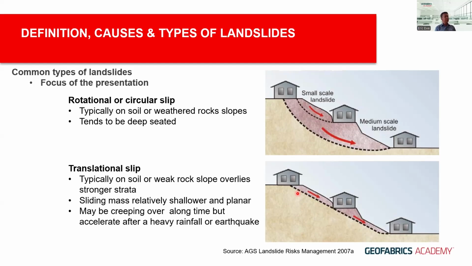Translational slips are typically soil or weak rock slopes overlying a stronger strata. They are relatively shallower or planar, and they also may be a creeping type of situation over a long time, but it can accelerate after a heavy rainfall or earthquake.